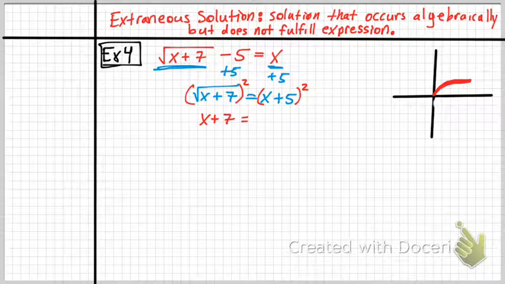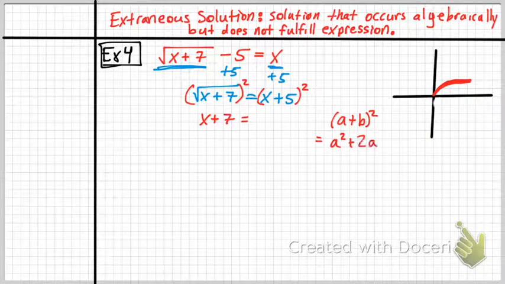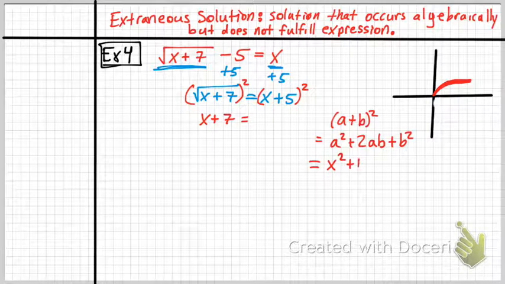And this is where it's important to remember that a plus b squared becomes a squared plus 2ab plus b squared. In this case, since it's x plus 5, this will become x squared plus 10x plus 25.